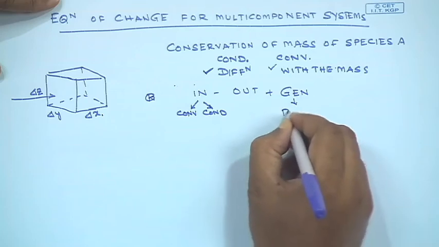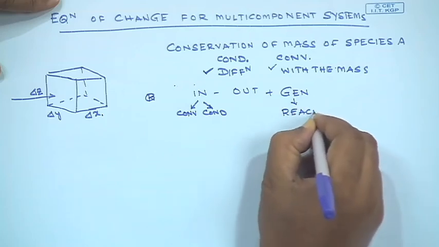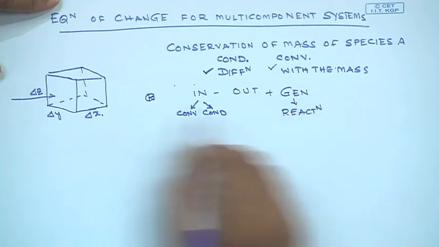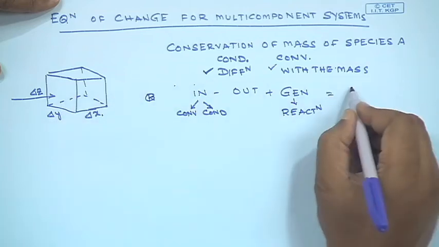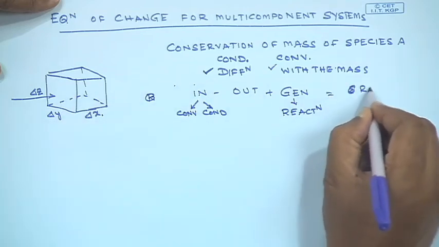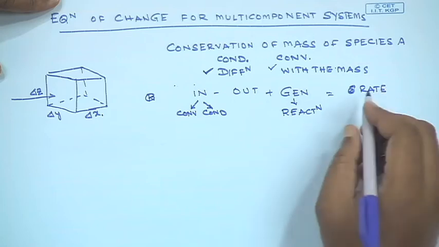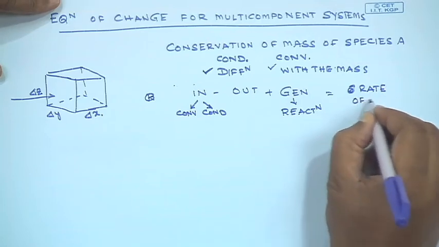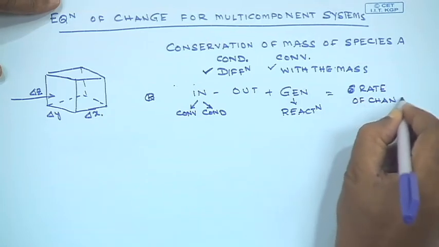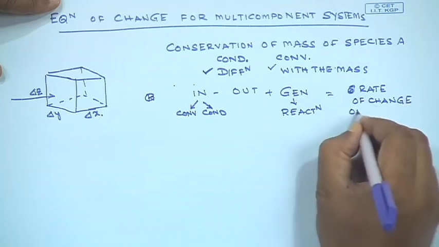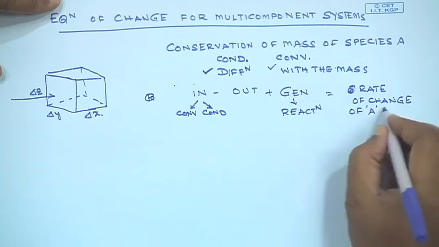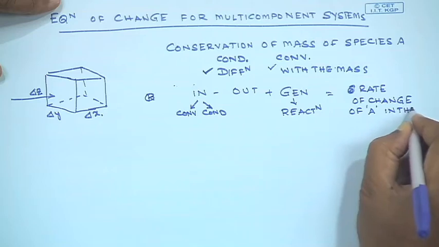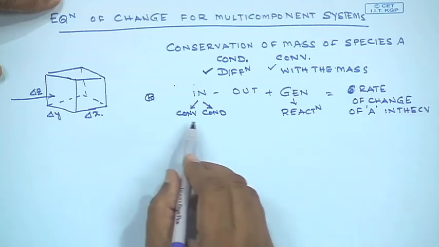This generation or depletion is due to the reaction which is taking place inside the control volume, must be equal to the rate of change of the species A in the control volume.